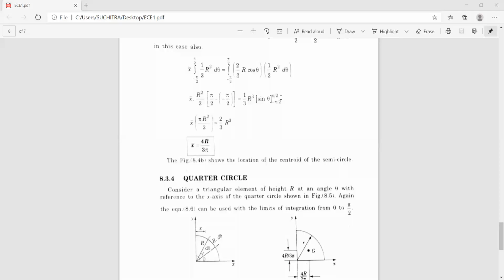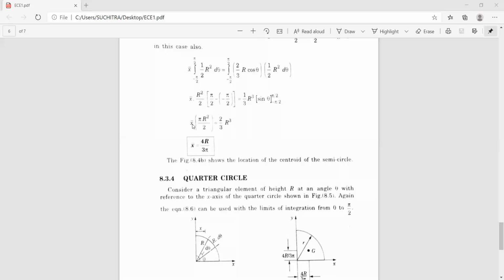If you apply the limits of integration, minus pi by 2 and plus pi by 2, we get sin pi by 2 minus of minus sin pi by 2. Sin pi by 2 is 1, and minus of minus becomes plus, so again it is 1. Hence it becomes 2/3 r cube on the right hand side.